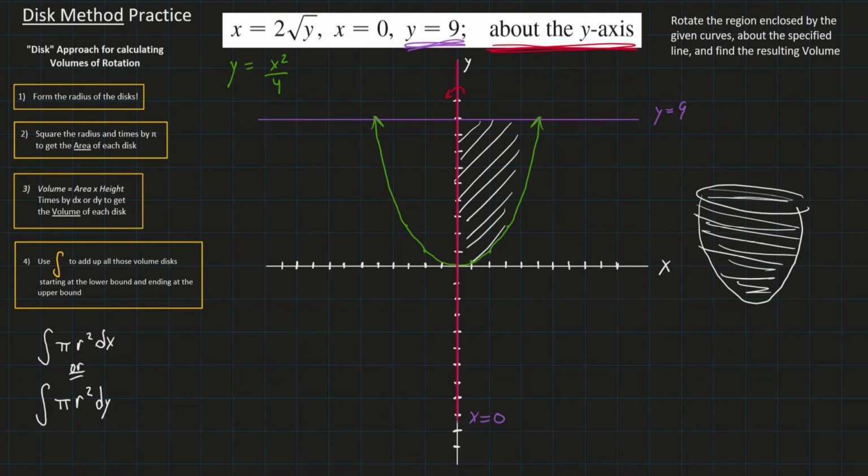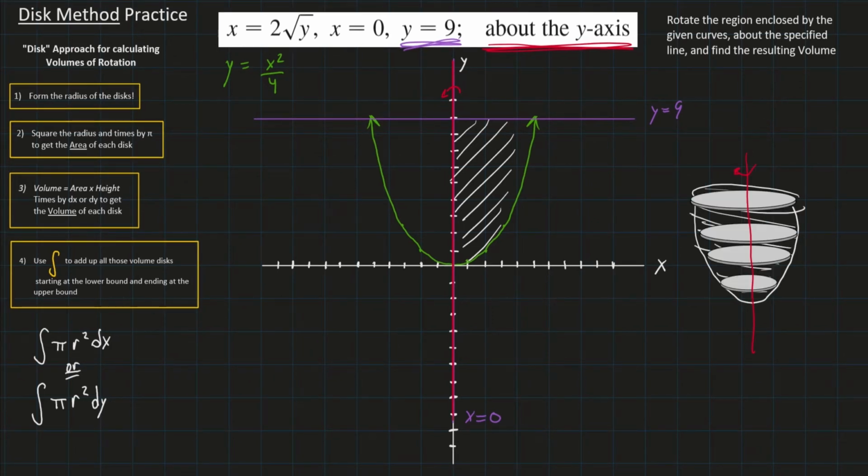Alright, so let's see if we can visualize this 3D shape as a bunch of disks stacked onto each other. We can definitely do that, which means we can use the disk method to calculate the volume of this shape. There are other 3D shapes that you can envision as a bunch of disks, and you'd have to use other methods. Alright, so let's start with our disk procedure.